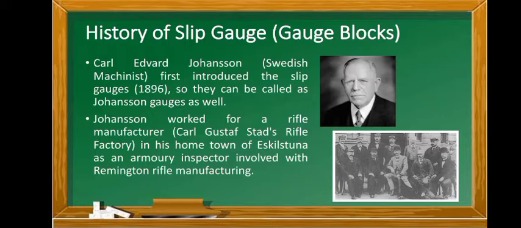The top-end reference at the factory in those days was the micrometer made by Brown and Sharp Corporation, with which the shop floor gauges were measured and calibrated. Nowadays, micrometers are calibrated with gauge blocks. So one of the uses of slip gauges or gauge blocks is the calibration of micrometers. We are going to discuss that later on.